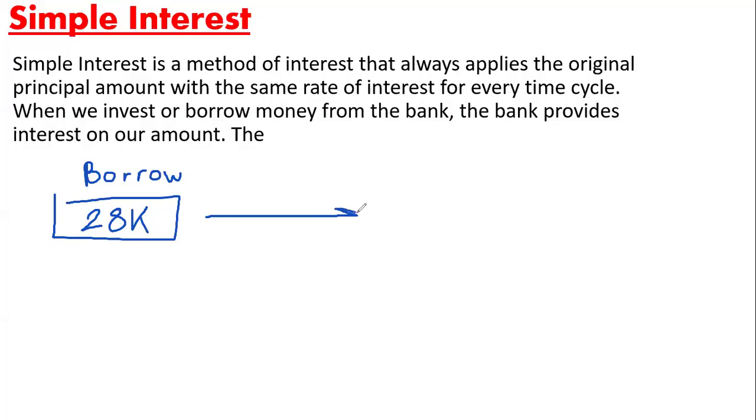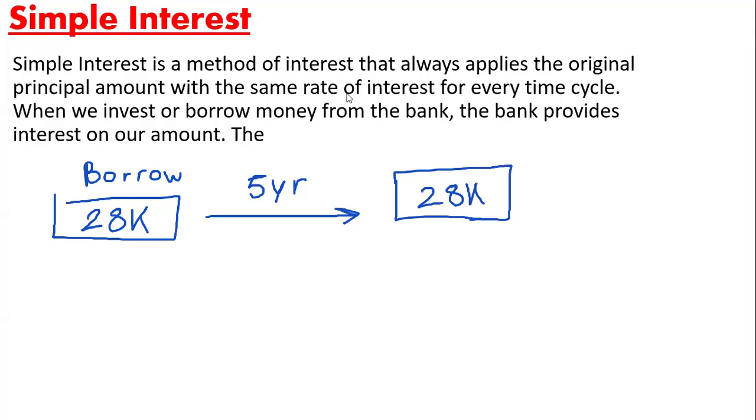Now, you promise the bank that at the end of 5 years, I will give you back your money. The bank says, no, you're crazy. I don't just want my money. I want my money plus what? Interest. Plus interest.